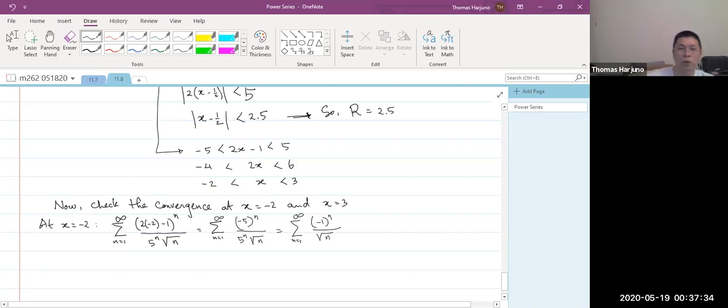Now, how do you do it? If I have an alternating series, this is a p-series, is that right? This is convergent because it is an alternating p-series where p is greater than 0.